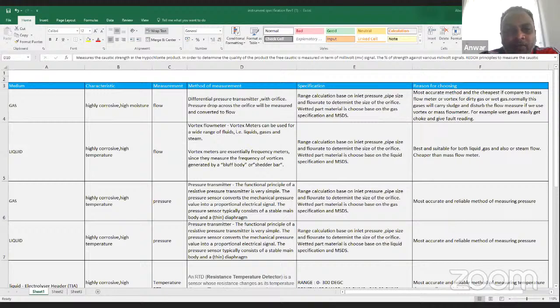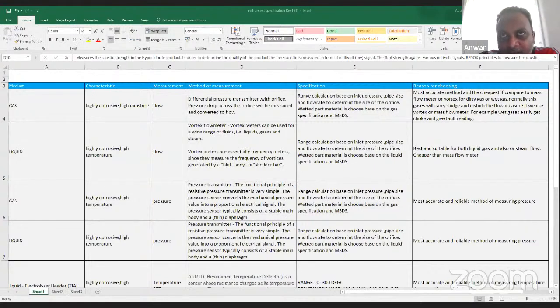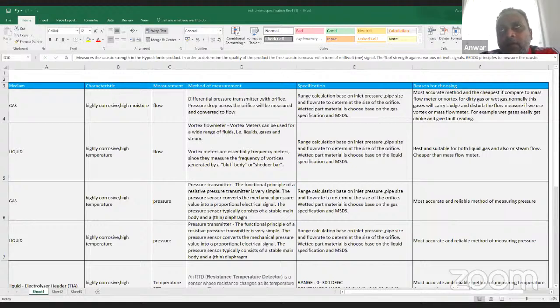Nowadays in the market, it uses differential pressure, the static head. It will convert, but normally tank level depends.